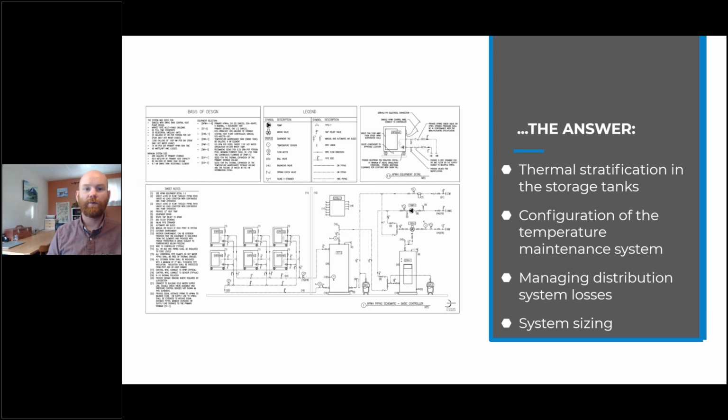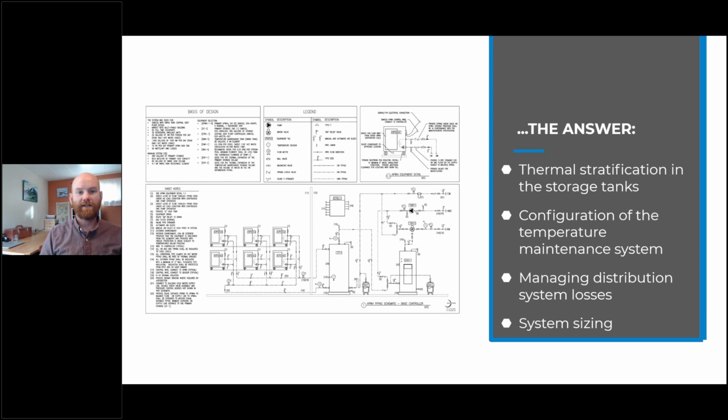Then we're also going to talk about managing the distribution losses. The distribution losses associated with that temperature maintenance or the hot water circulation system are driving some aspects of our design. And if we can reduce those loads, we can avoid that issue that's really driving our design associated with the level of thermal stratification in our tanks.